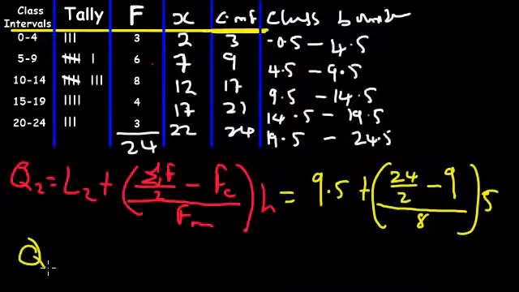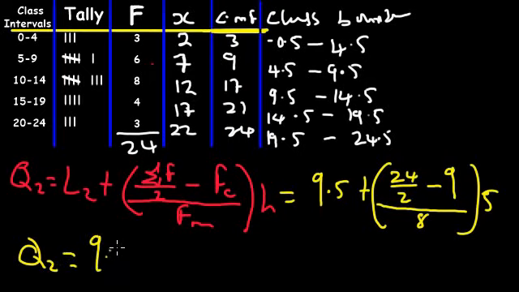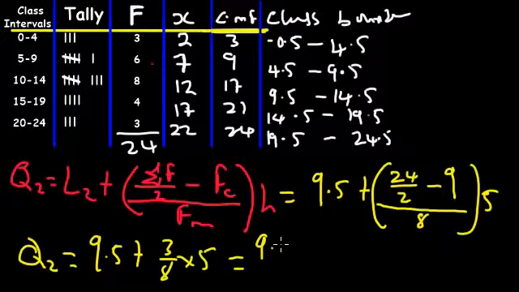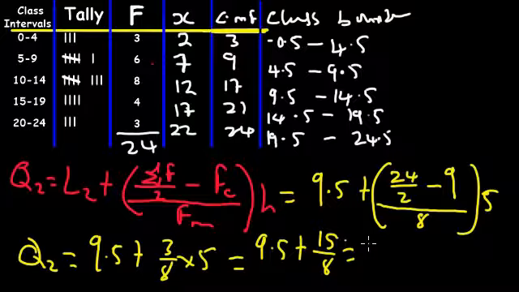So now we can have Q2. Q2 would be equal to 9.5 plus 24 divided by 2, which is 12. 12 minus 9 gives us 3. So we have plus 3 over 8 times 5, which is the same as 9.5 plus 15 over 8. 15 over 8 is simply 1.875.